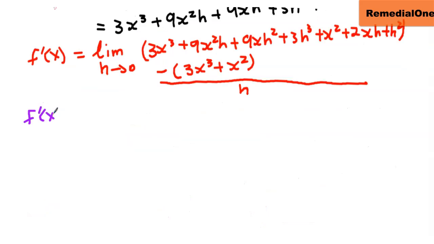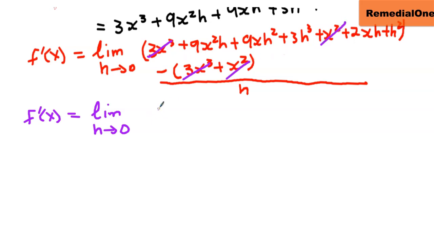Then this is equal to the limit of h turning into 0. When we remove the bracket, we see that this will subtract this away and this will take away this.